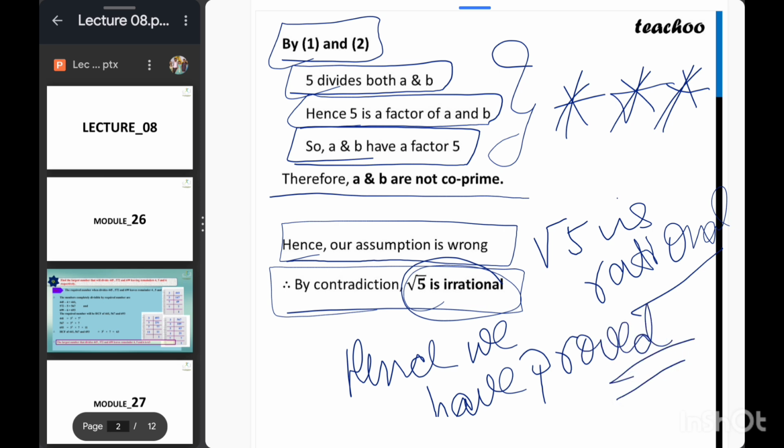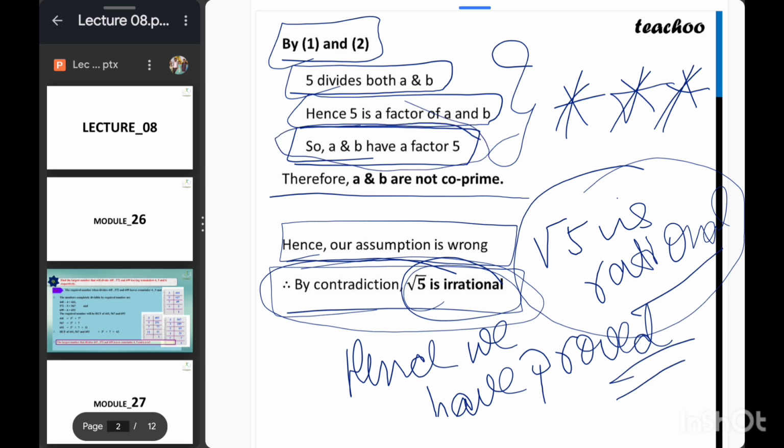So we can conclude that we assumed root 5 is rational, but at the end we have proven that root 5 is irrational. This is the end of the problem.